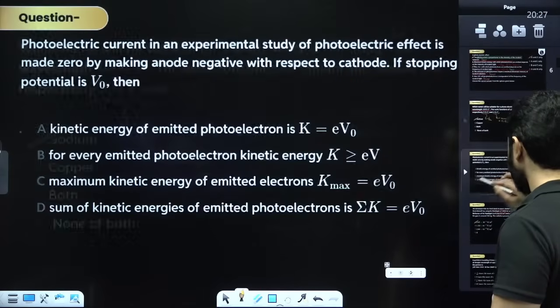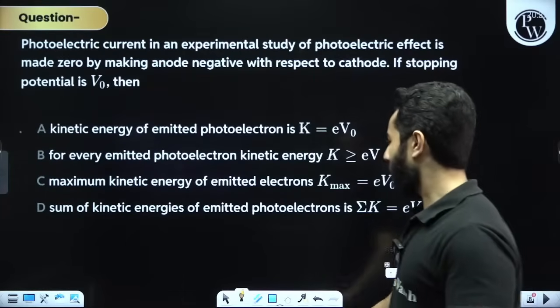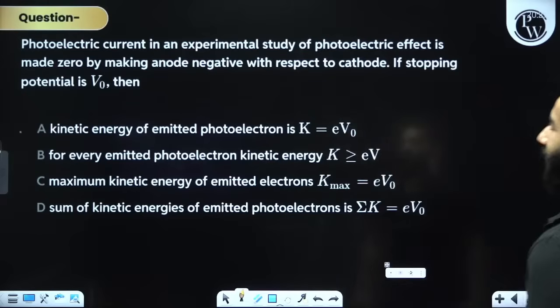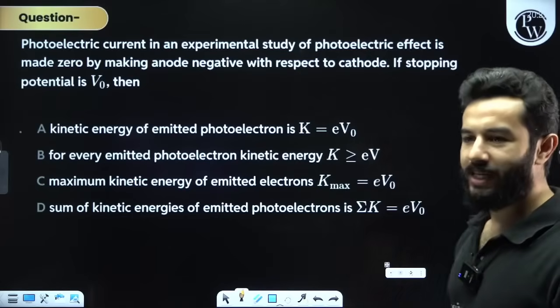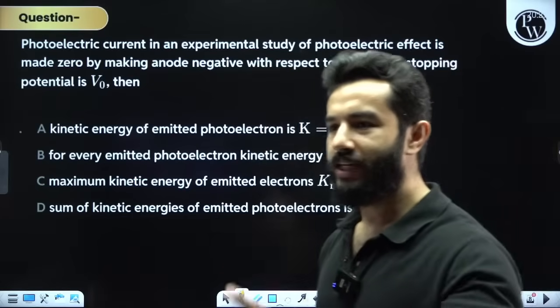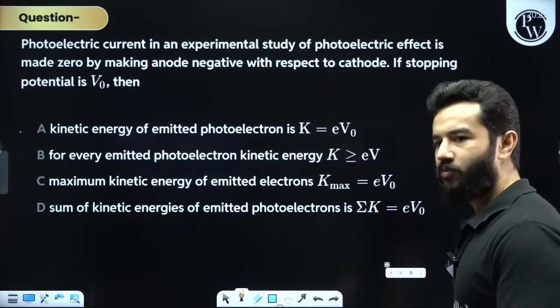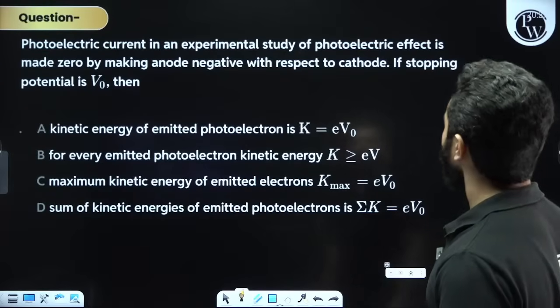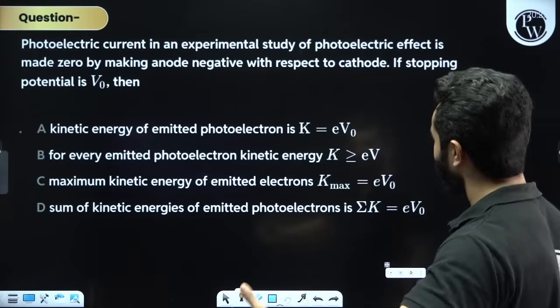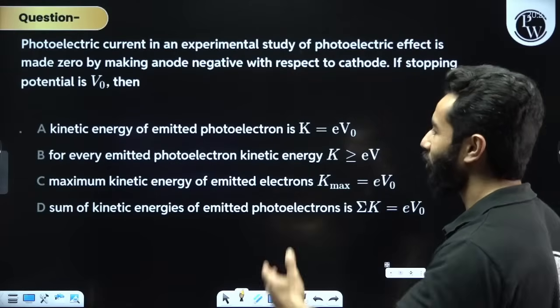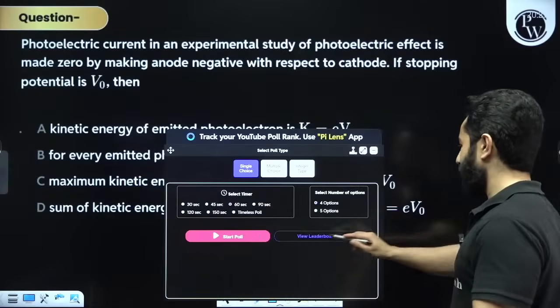Next question is this. Photoelectric current in an experimental study of photoelectric effect is made 0 by making anode negative with respect to the cathode. If the potential is V0, then you have to select the correct option.